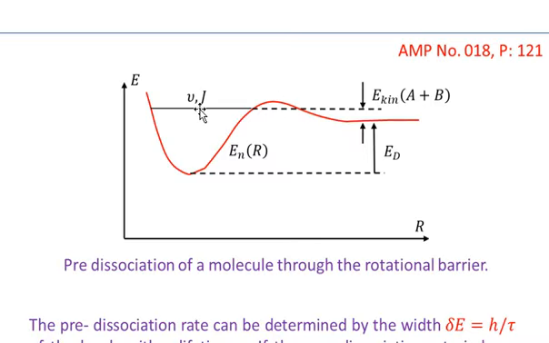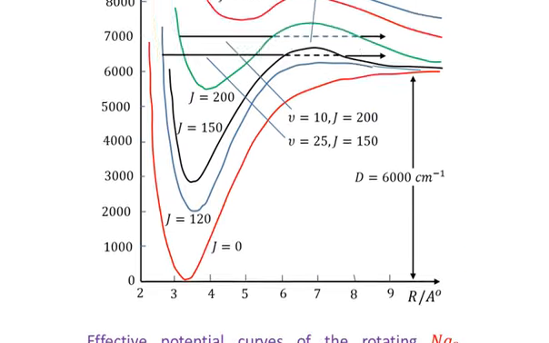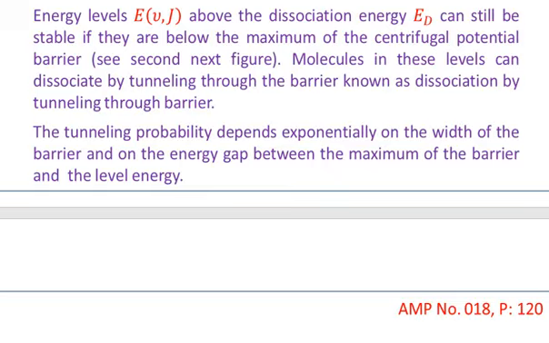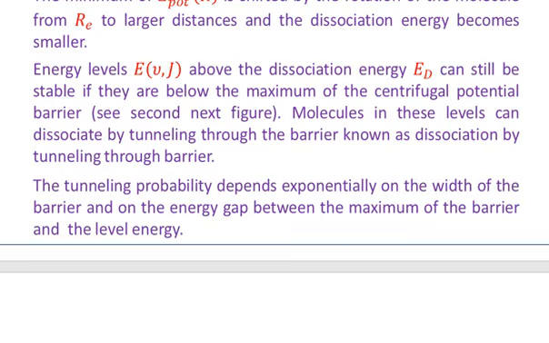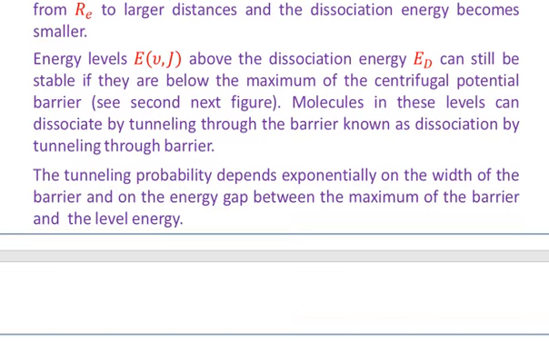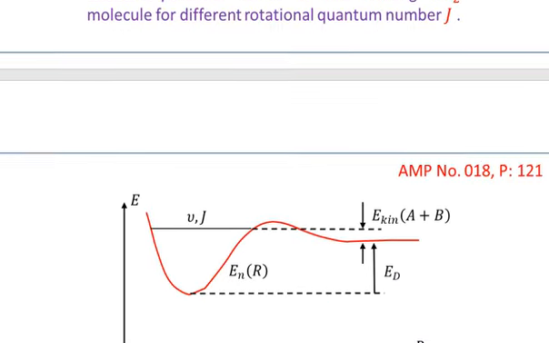And if the vibrational level lies above the value of the dissociation energy, this level can even exist for a stable molecule if this level lies below the maximum value of the potential.